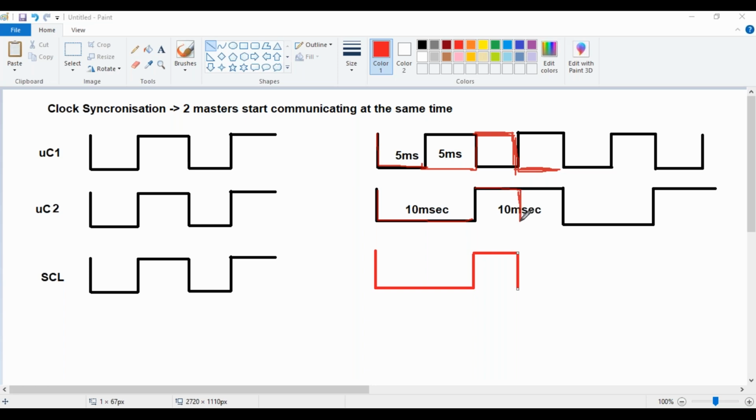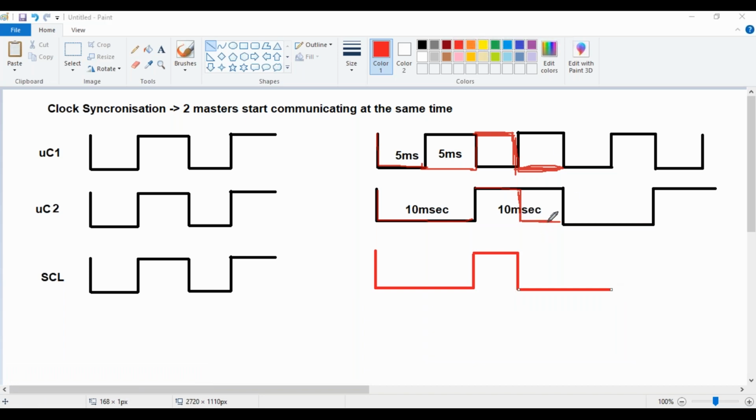Now microcontroller 1 generates a clock pulse of 5 milliseconds. So microcontroller 2 also continues to generate the clock pulse of 5 milliseconds. But according to microcontroller 2, it should always generate the clock pulse for 10 milliseconds, so it is going to keep the line low itself.